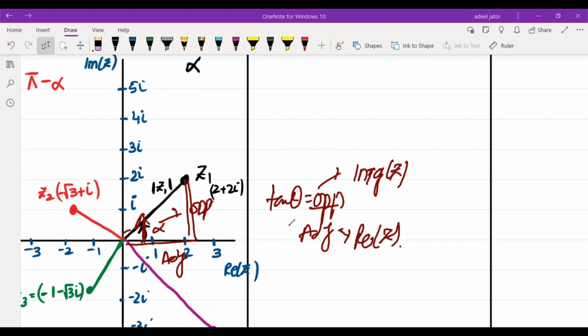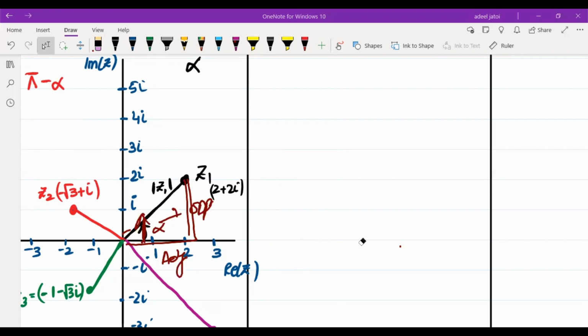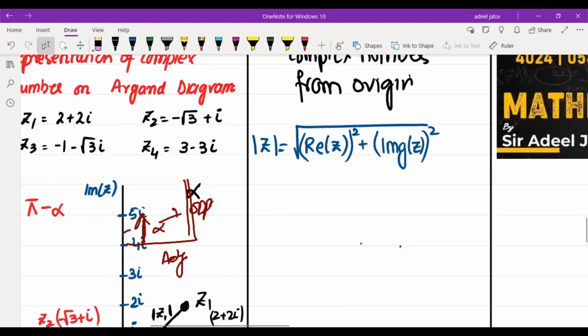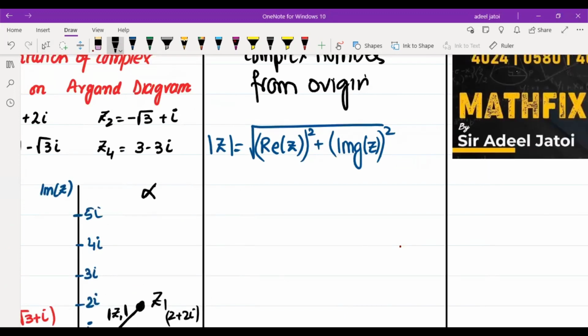So similarly, if you want to find out the angle in the complex number, the angle is written as what? Alpha, and it is also written as the argument.